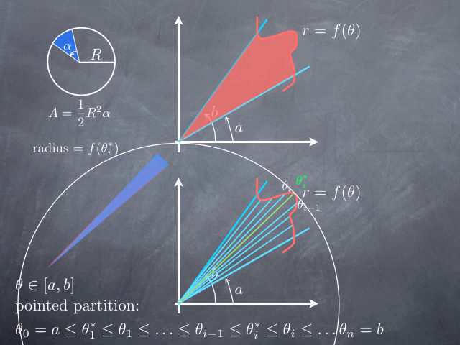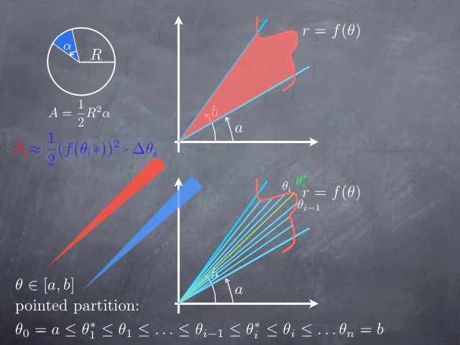So in our case, that means that this blue circular sector has area 1/2 of f of theta i star squared multiplied by the angle span theta i minus theta i minus 1, which we will denote delta theta i. And this is a good approximation of this red sector whose area we are seeking.